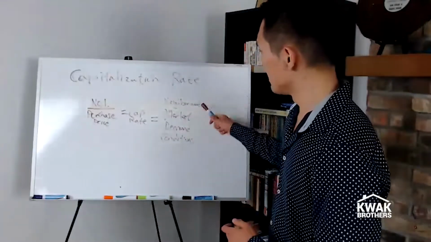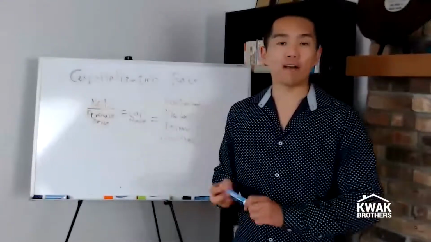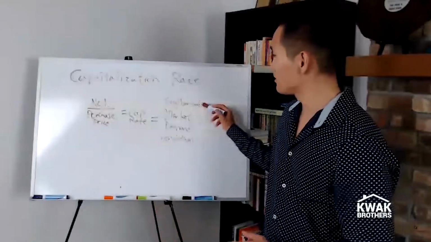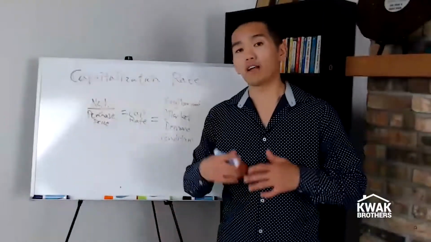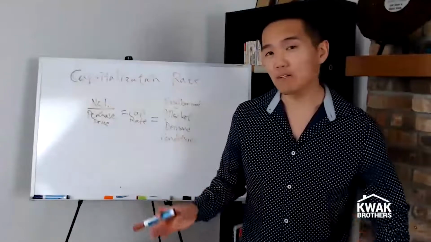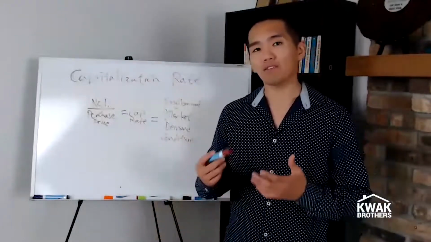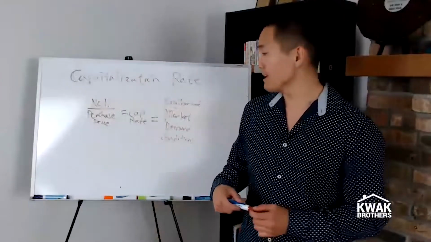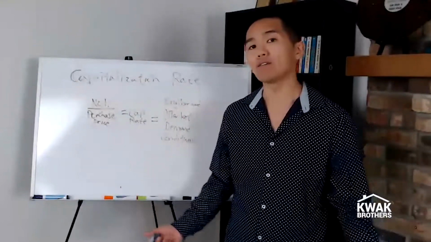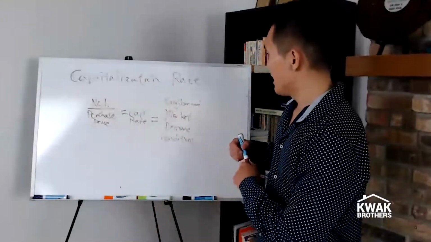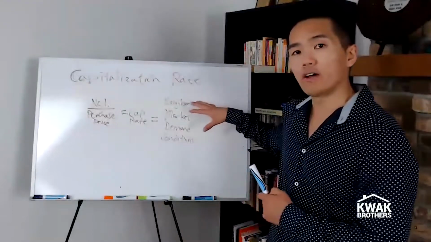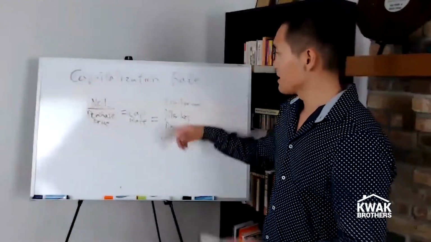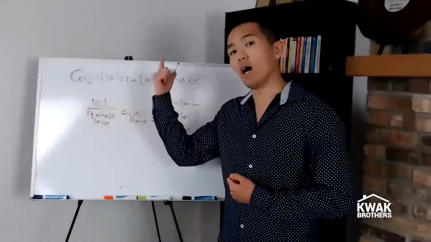So if you're in a really shady neighborhood, okay, I'm not going to mention any names, where there's a lot of crime activity, a lot of drugs, not so many good things happening in that neighborhood, well, chances are you may not want to pay a really high price. So therefore, in riskier areas, like I mentioned, your cap rates tend to go up, right?